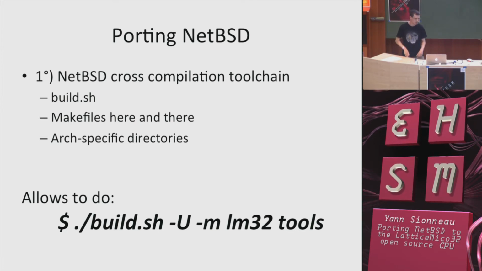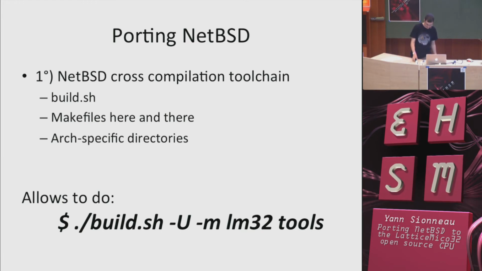No. You just run the script on the bottom of the slide, which is inside a repository of NetBSD. It's called build.sh. And it will generate for you the good cross-compilation toolchain. So you can be on Ubuntu, macOS, whatever. It will generate a toolchain that works on your system and that targets your CPU architecture.